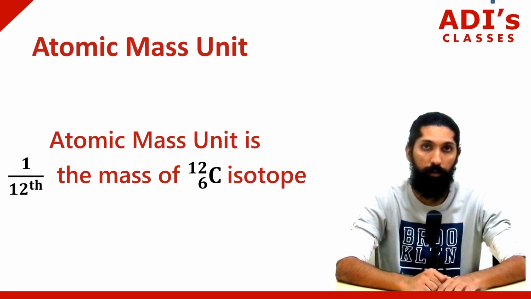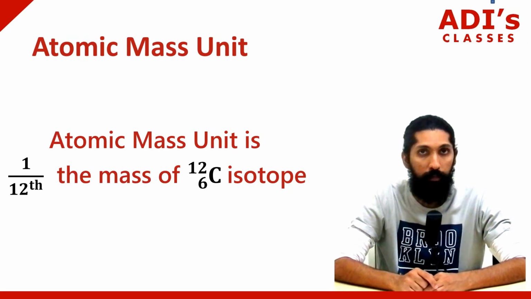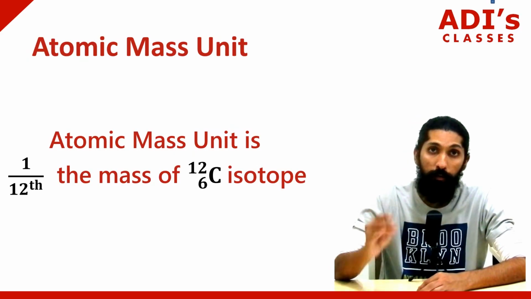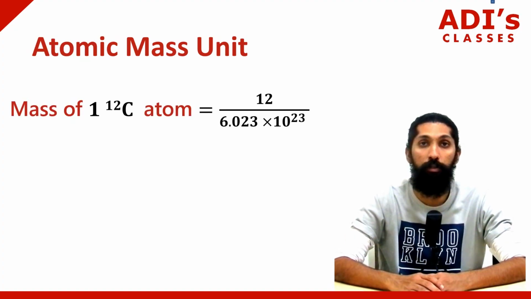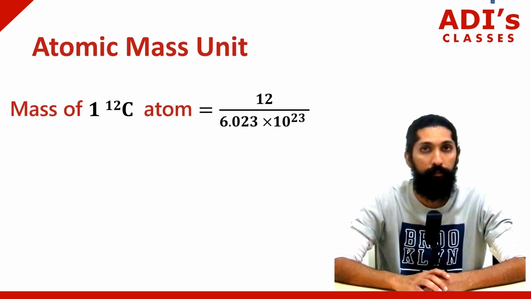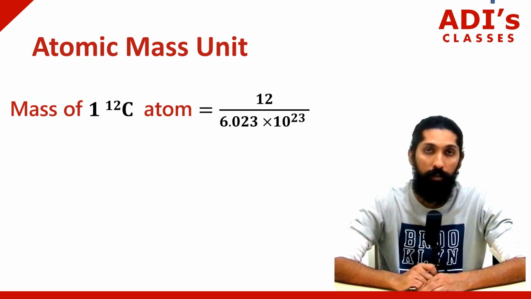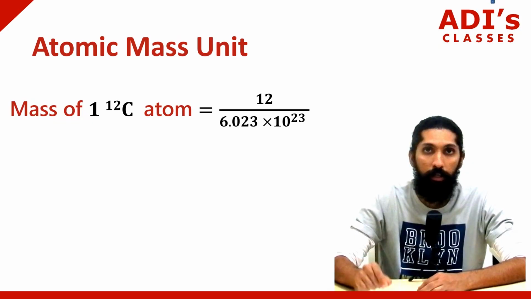Alright. Now we all know that 1 gram of carbon 12 isotope has Avogadro number of atoms. Correct? Avogadro number we all know, 6.023 into 10 to the power of 23. So, the mass of one carbon 12 atom will be 12 divided by 6.023 into 10 to the power 23.